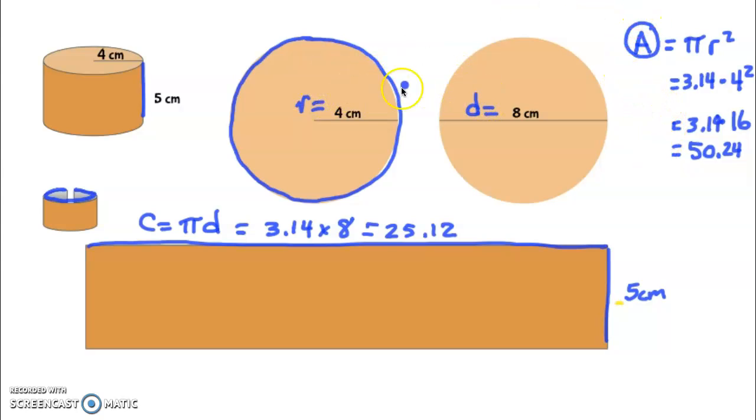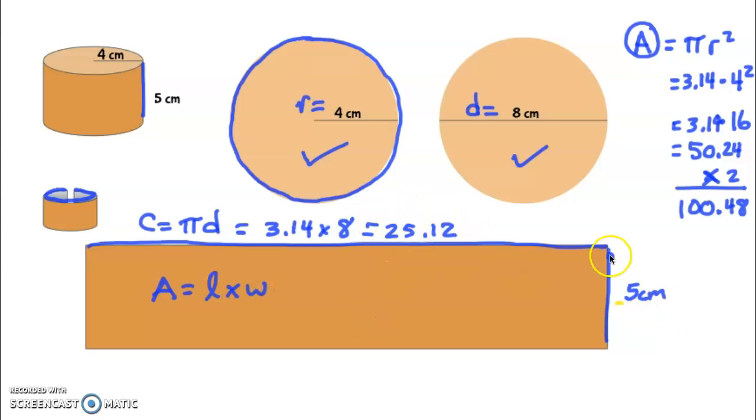Now remember, we said we have two equal circles, so we can simply times this area by 2 to have both of these circles taken care of. So that's going to be 100.48. All right, so we've got our two circles taken care of for area. And now we just need the area of the rectangle. And of course, the area of a rectangle is just length times width. So in this case, the length happens to be the circumference, and the width happens to be the height of the cylinder.